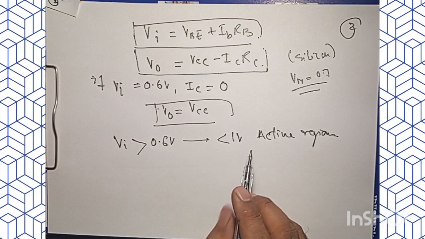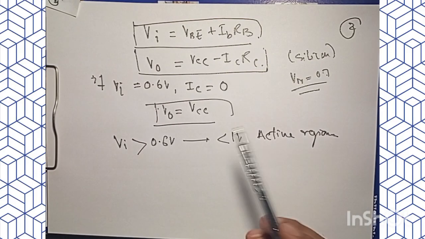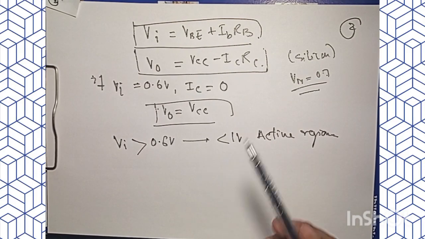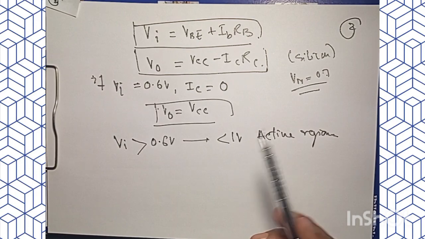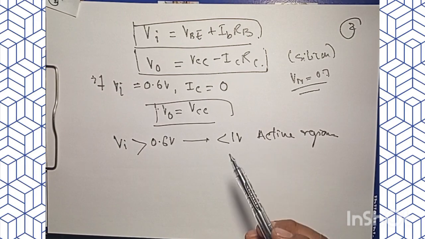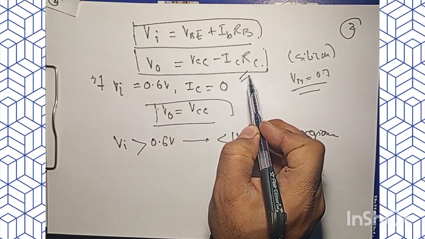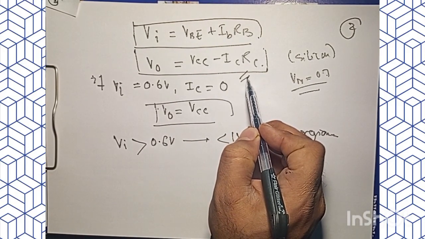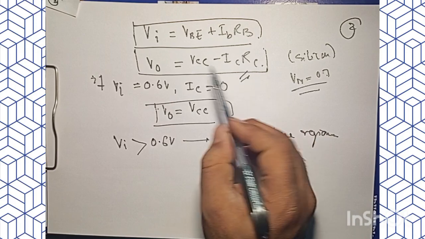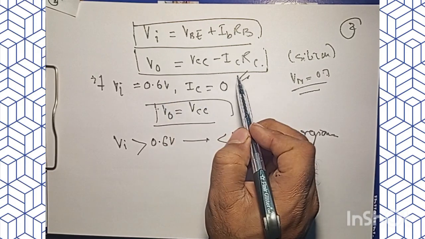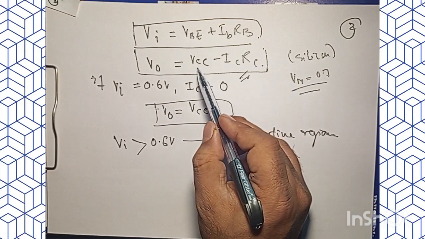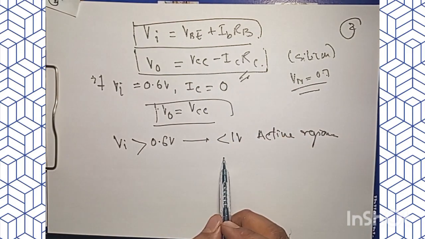So IC, the collector current, will be increasing linearly. So V out will be decreasing due to the increase in ICRC, because we can clearly understand that V out is going to decrease as IC is increasing. So V out is going to decrease for this condition, right?